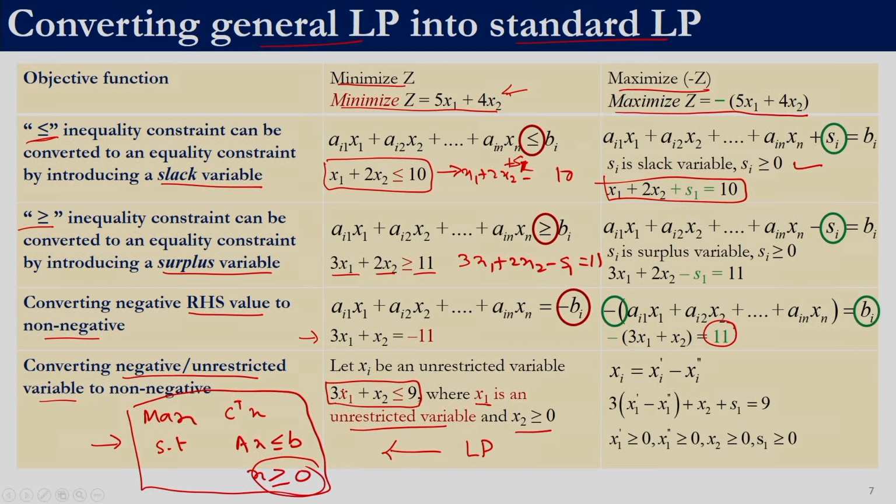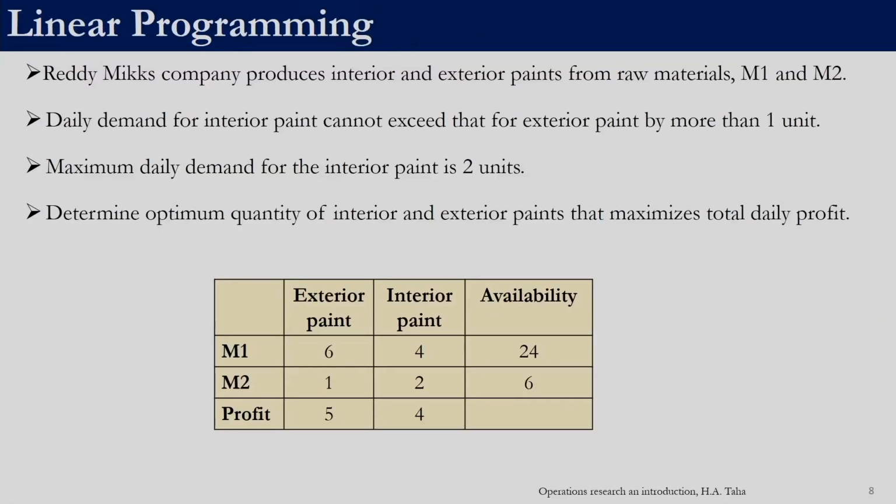So, we will replace x1 by the difference of two numbers, x1 prime and x1 double prime. These two numbers are positive, their difference can be negative. So, wherever we have x1, we replace it by x1 prime minus x1 double prime. Since this is a less than or equal to constraint, we add a slack variable to make it an equality constraint. So, this problem is something that we have discussed previously.